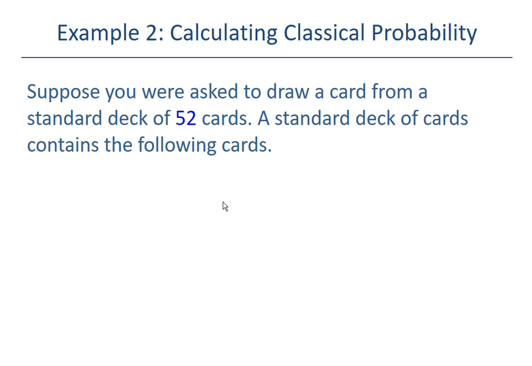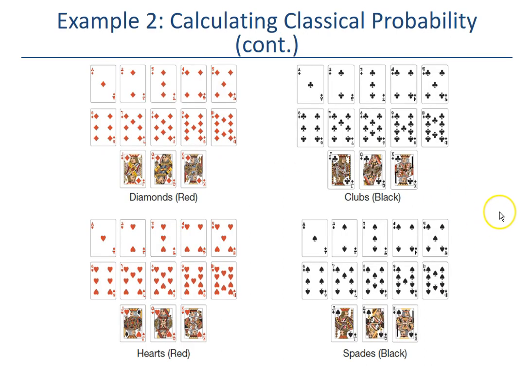Now, we did talk about a deck of cards, but here they're going to go through it in much greater detail. The standard deck is 52 cards, and here is the layout of it. So in a deck of cards, there are 4 suits: diamonds, hearts, these are the red ones, clubs, and spades, these are the black cards.